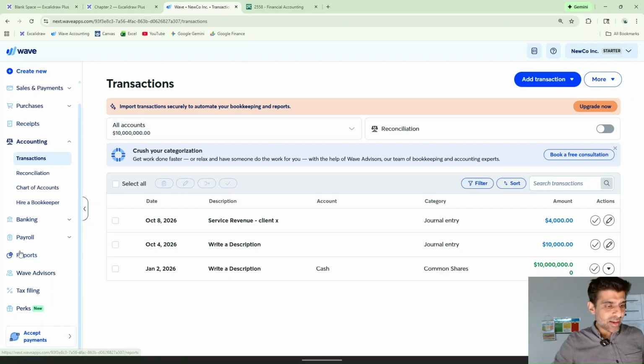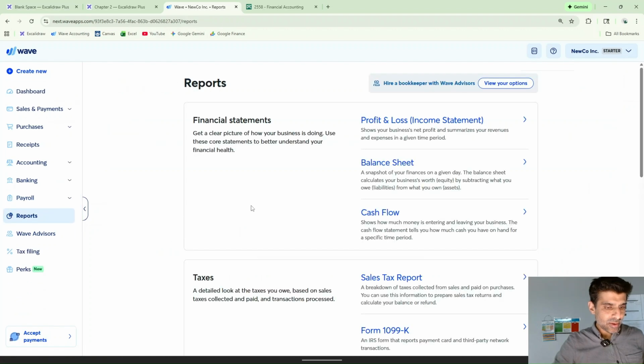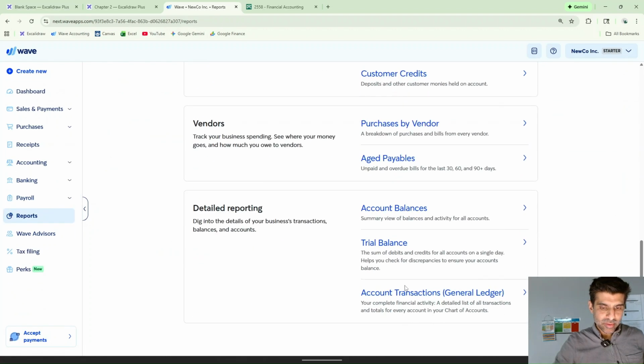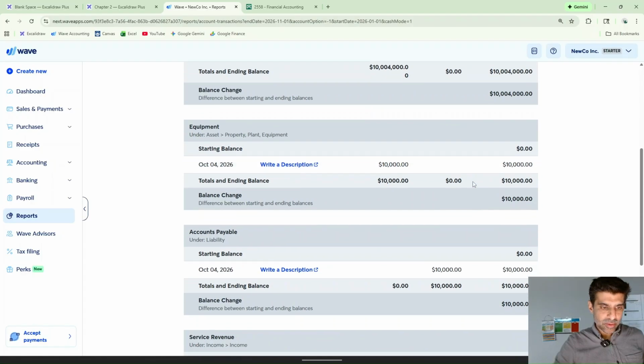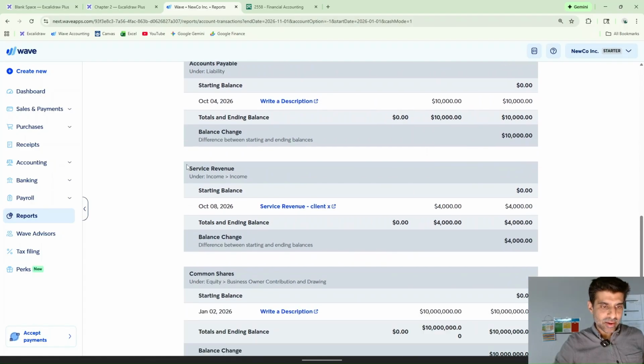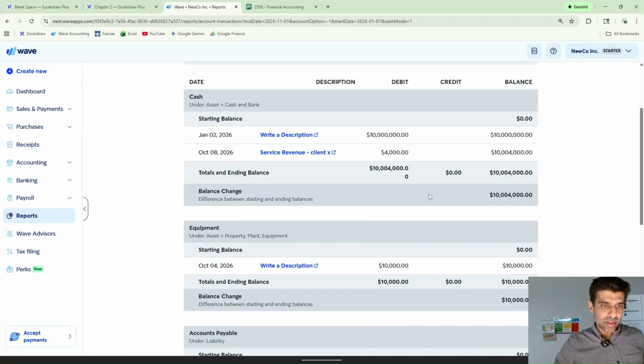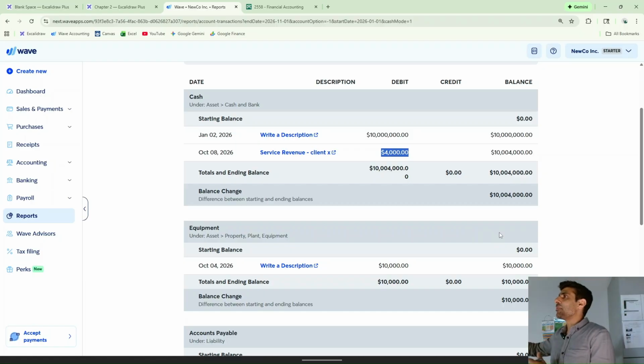Okay, so now let's see that appear in the balances. You can now see under service revenue we have a credit balance of 4,000, and the cash balance went up too, right? We got this 4,000 in cash that came in. So it's automatically posting it.